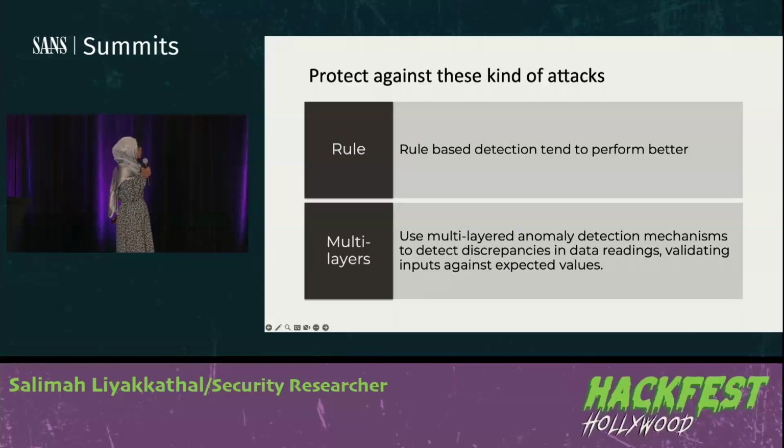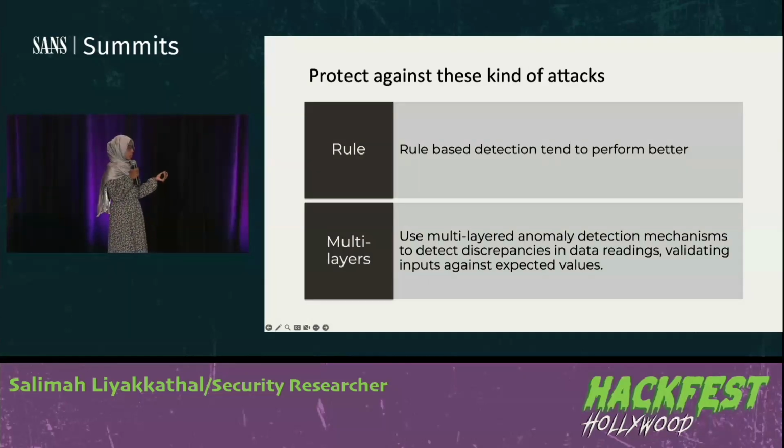So now that we know this kind of attack is possible, how do we protect against it? One thing that I noticed is that purely machine learning based defense mechanisms do not work that well, because the attack I launched based on the model was very subtle. It was decreasing very, very slowly, like -1, -1, -1. Hence, there isn't any huge spike where machine learning detectors pick it up.